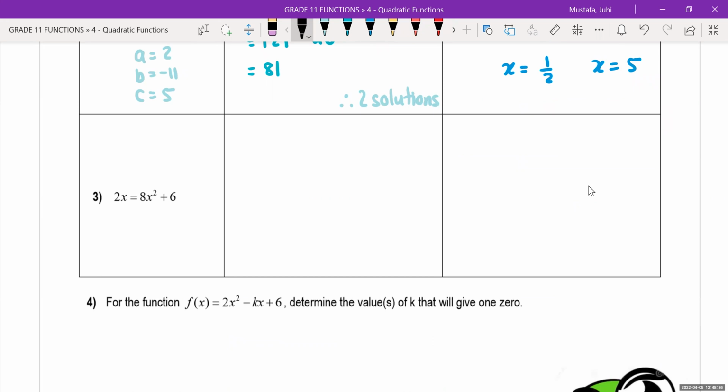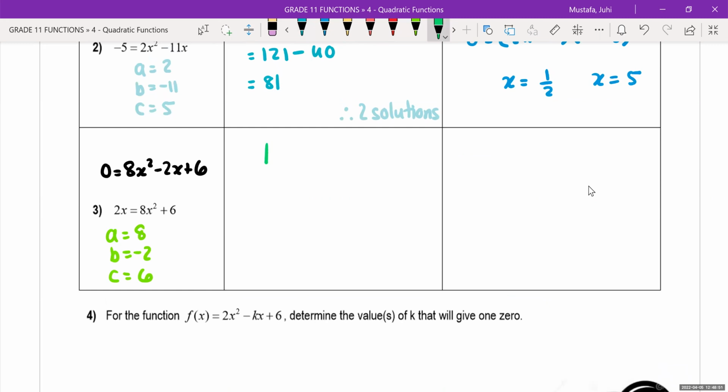So it's going to be 0 is equal to 8x squared minus 2x plus 6. Your a value is 8, b value is negative 2, and your c value is 6. b squared minus 4ac. Negative 2 squared minus 4 times 8 times 6.